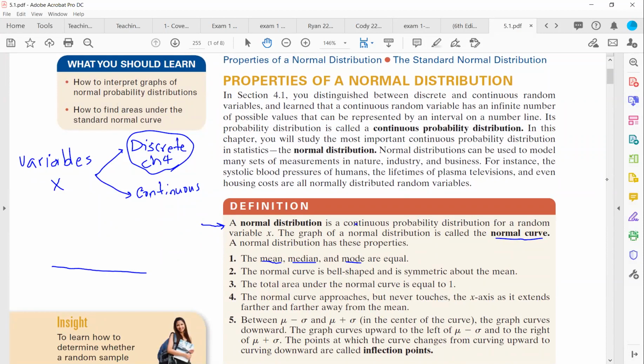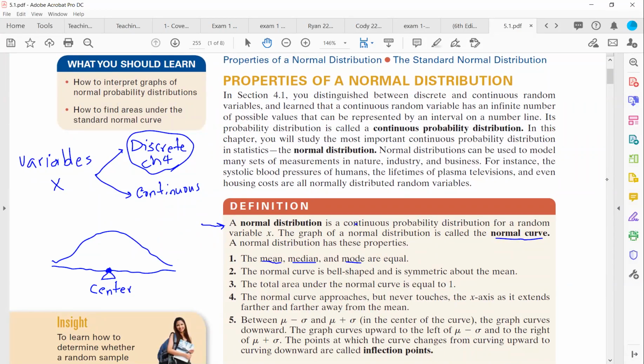Remember that a normal distribution has a bell curve. So in the middle of the horizontal line, where all of your x values are located, you have the center, which is the mean, median, or mode. They are all equal to each other.